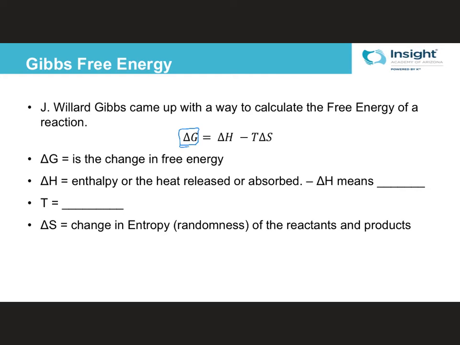It's giving off, it's losing energy, so that's exothermic. T, I hope you recognize as being temperature, and again, you should do this in Kelvin. And then delta S is the change in entropy. We'll talk about this in more detail in the next lesson, but entropy is the randomness or the disorder of your reactants and your products.